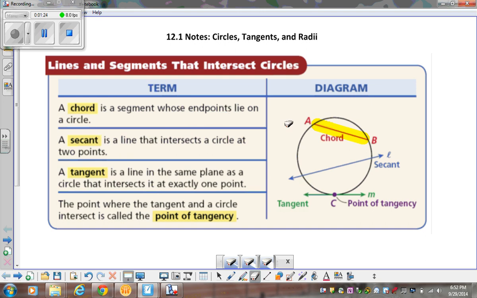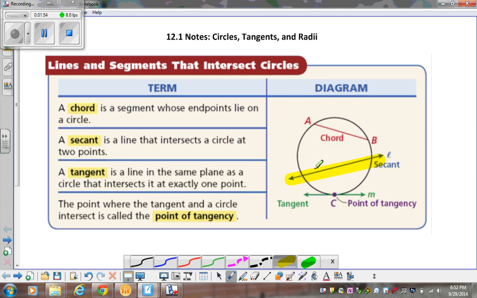Another thing we're going to look at is called a secant, not a second, a secant. A secant is a line. It can be a segment, it can be a line, it can be a ray. But the key with the secant is it touches the circle twice, but it keeps going. If we look over to our picture, notice this is a secant.